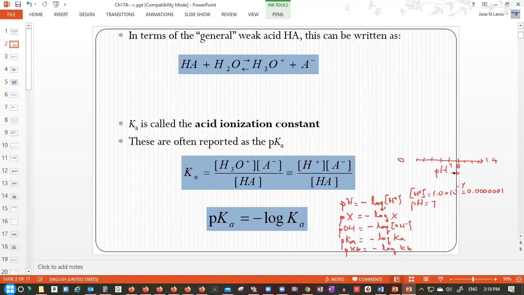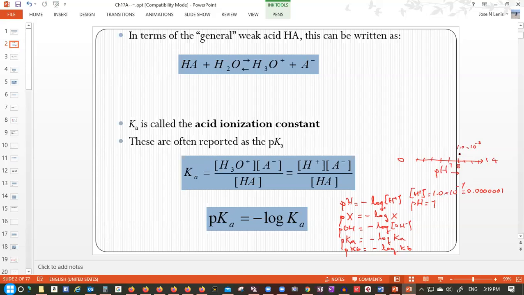It's a tenth of difference, because the new concentration here for pH 8 is going to be 1.0 times 10 to the negative 8. So it's 1/10 of difference compared to 1.0 times 10 to the negative 7.